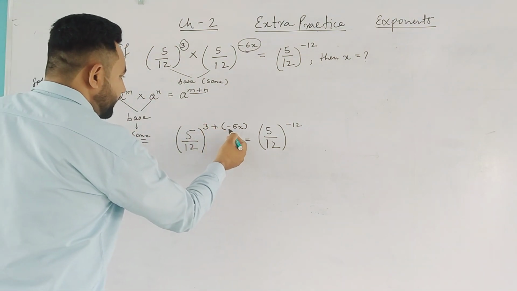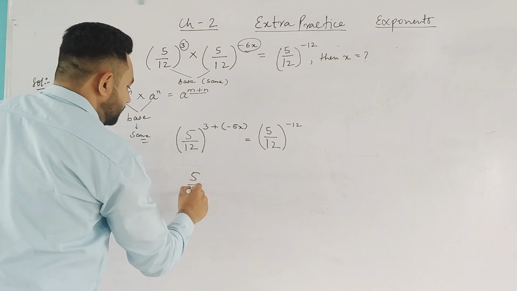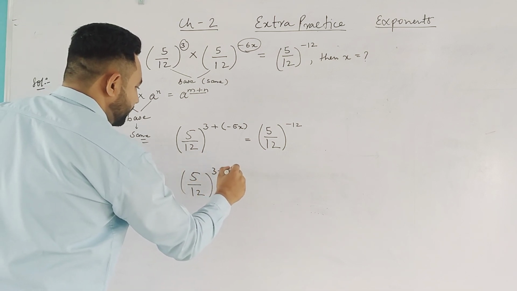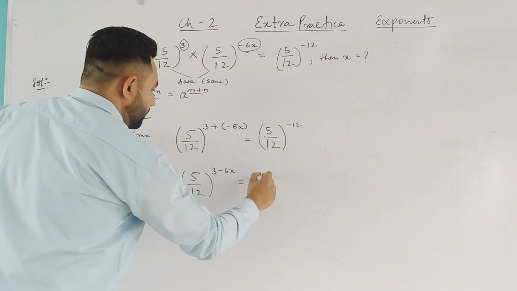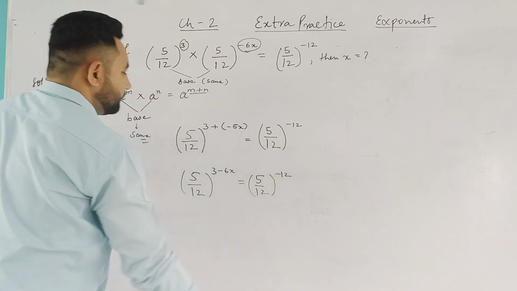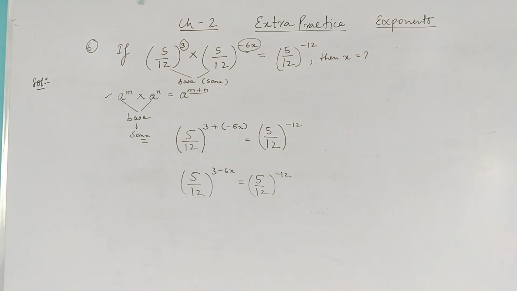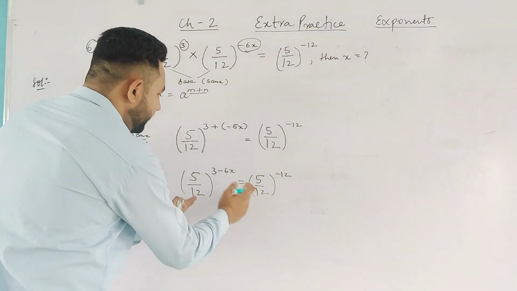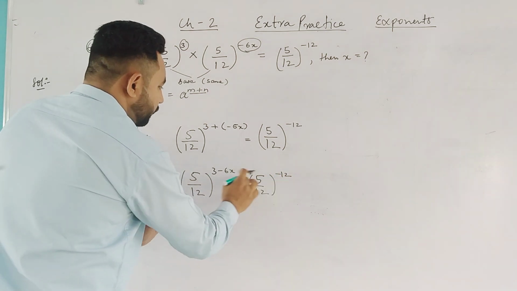Now, this plus minus becomes what? Minus. 3 minus 6x is the power, equal to 5 by 12 to the power minus 12. I think this much is clear. Now, when we have the same bases on both sides, we equate the exponents.